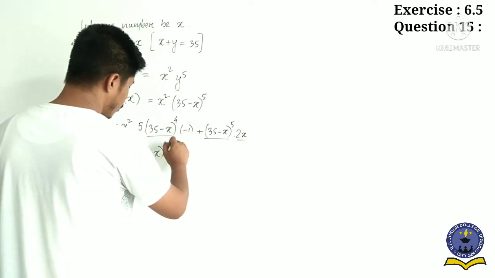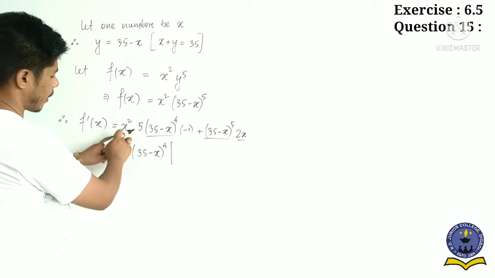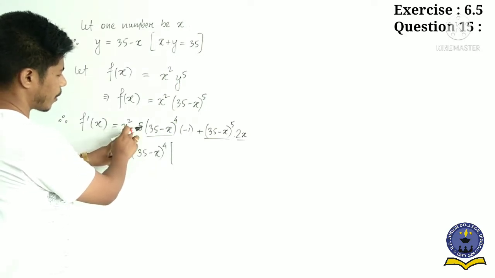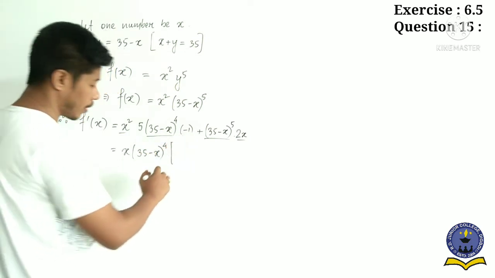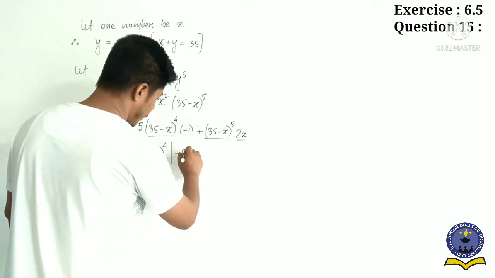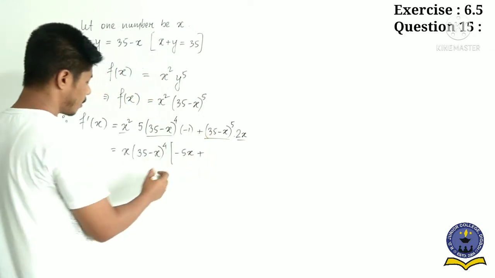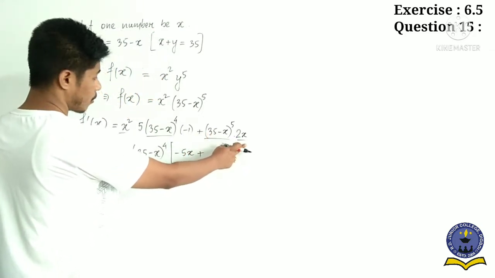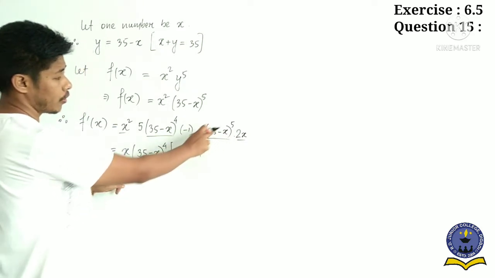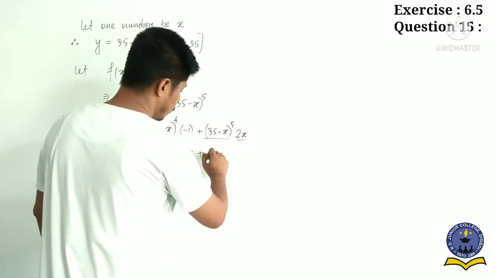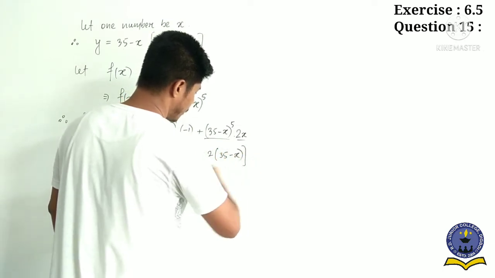If we take these common, what remains? From the first part, x remains with 5 and including minus 1, so we get minus 5x. In the second part, 2 remains with (35 minus x), that is 2 into (35 minus x). Is it clear?